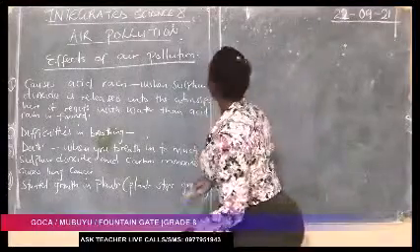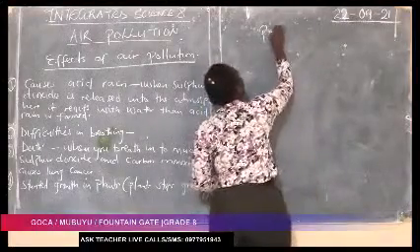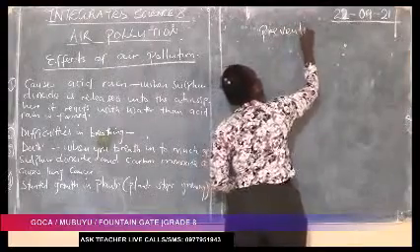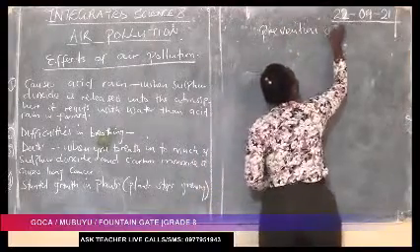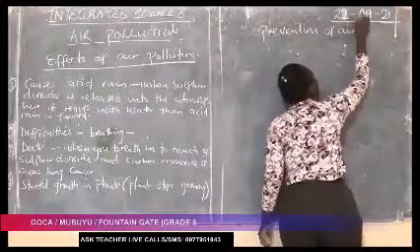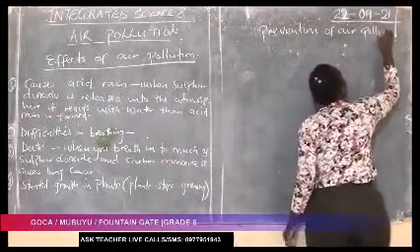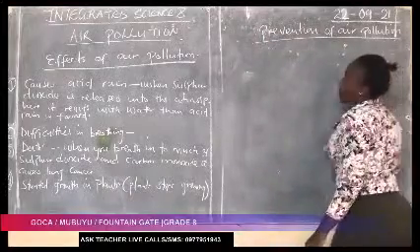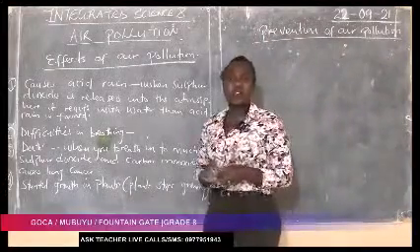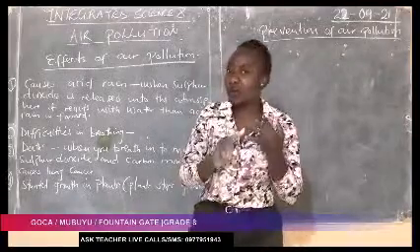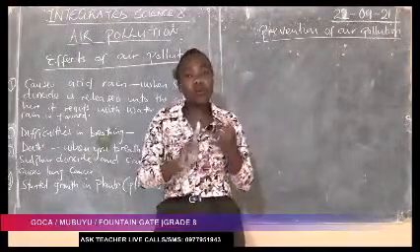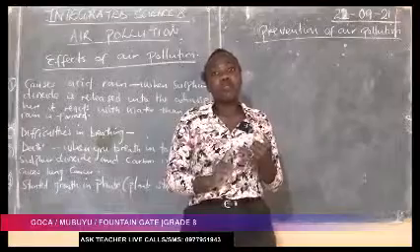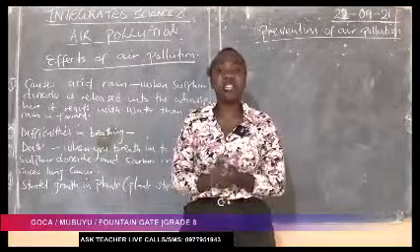Okay, so the prevention of air pollution. So what are the preventions of air pollution? After knowing how it is caused and after knowing the effects of air pollution, how do we prevent it?